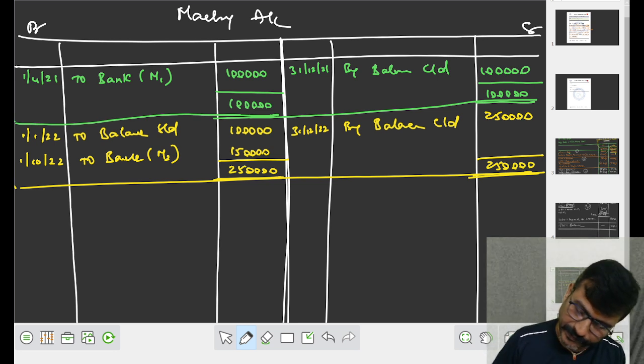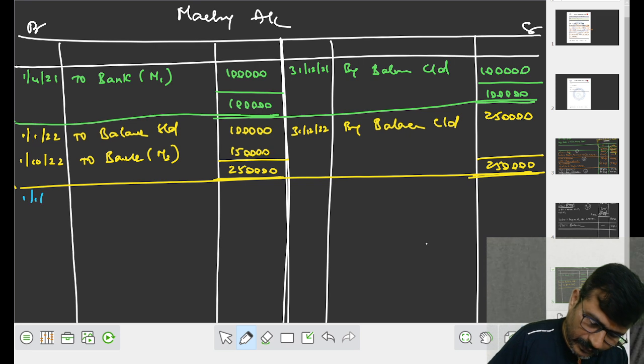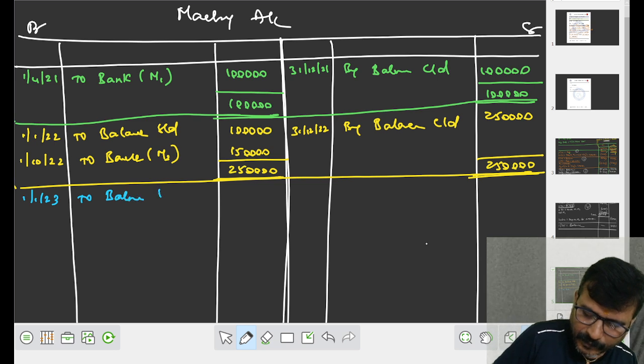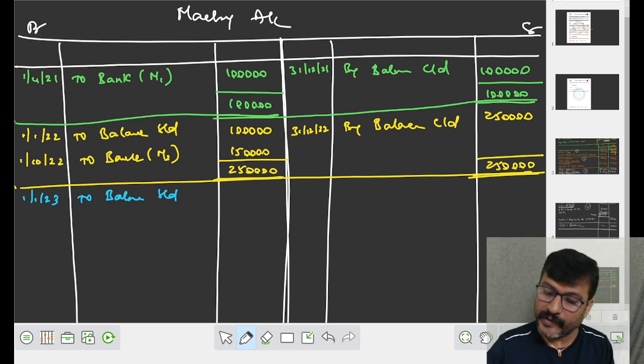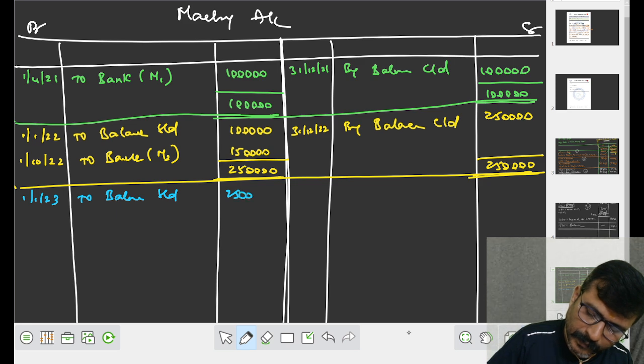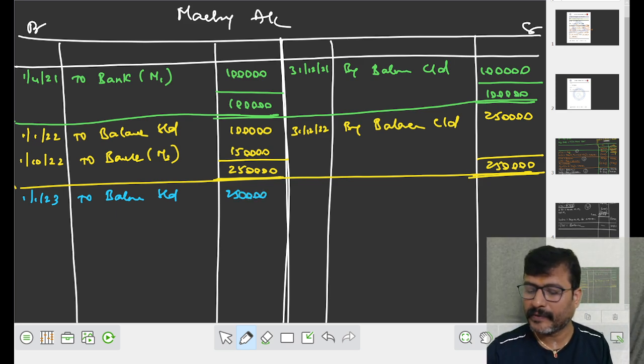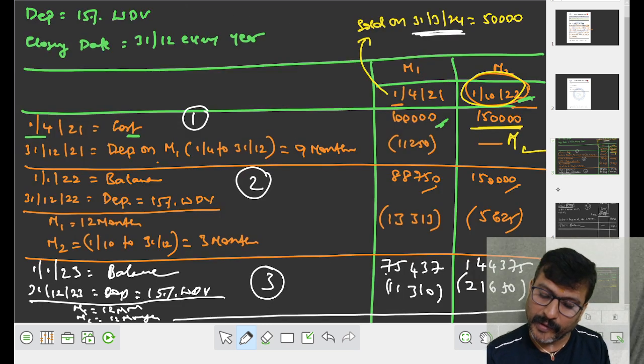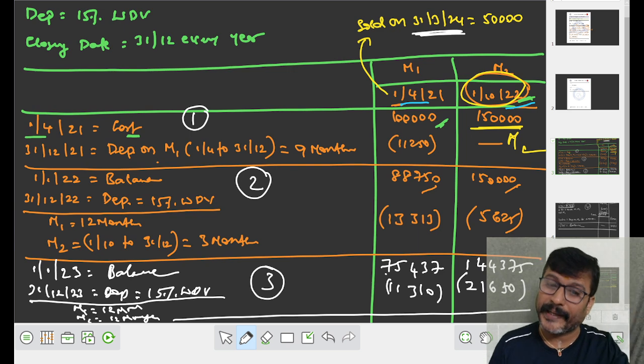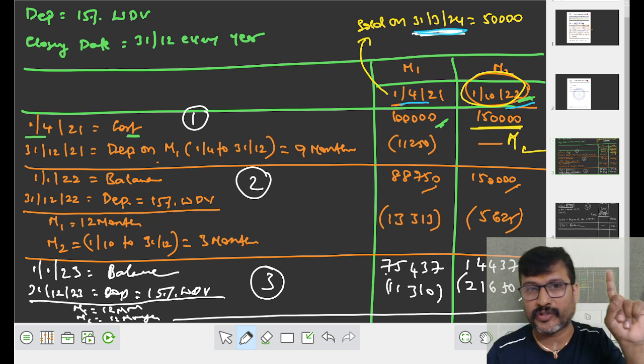Then what happened? On January 23, to balance brought down 2.5 lakh. What happened? M1 was purchased in 21, M2 was purchased in 22, and you sold M1 in March 24.